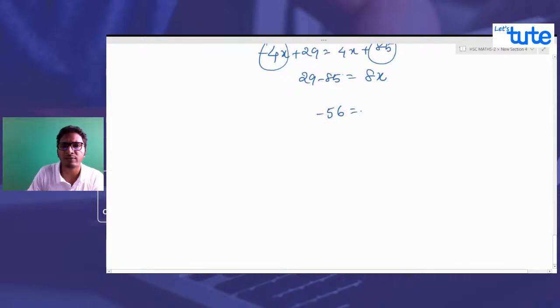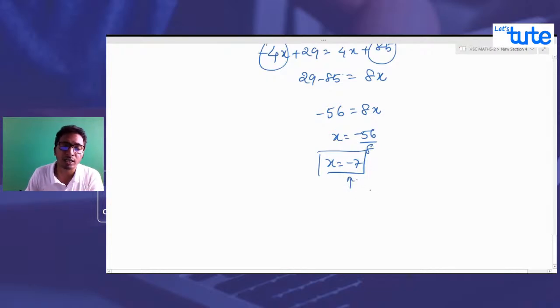So negative 56 equals 8x. So x equals negative 56 divided by 8, and we are getting negative 7. So this is what they wanted. We wanted to find only the x value. That's why the condition is that the point is lying on x-axis. So we have received it over here. This is the answer for our question.